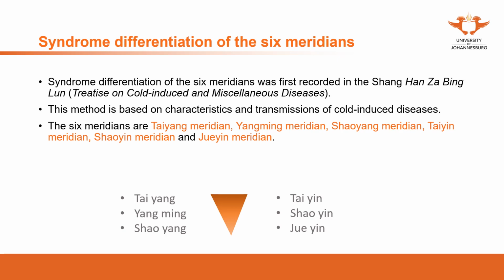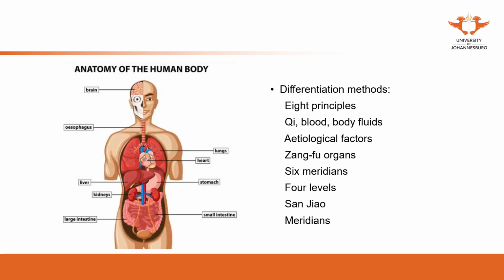The reason is that the six meridian differentiation is more widely used in herbal medicine. How useful this differentiation is, we can see from the phenomenon, not only nowadays but even in the past: many practitioners only used the six meridian differentiation method to analyze all kinds of clinical manifestations.